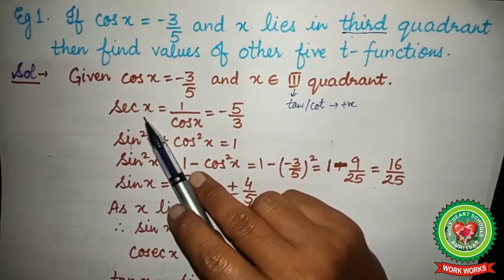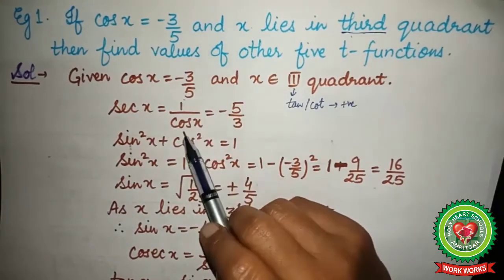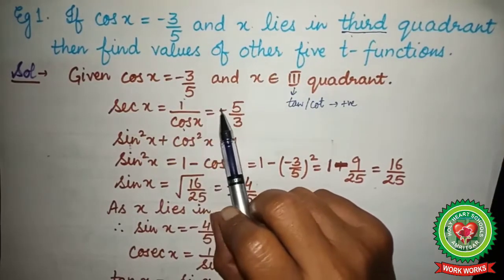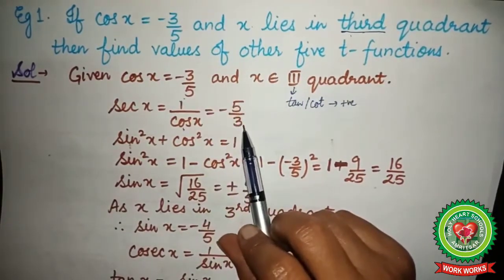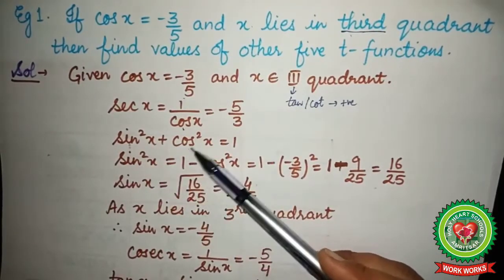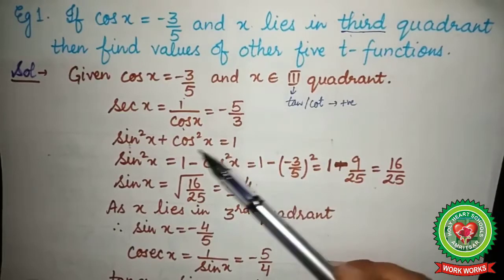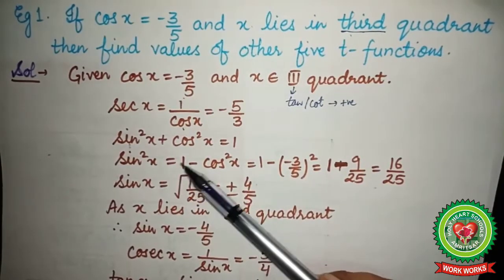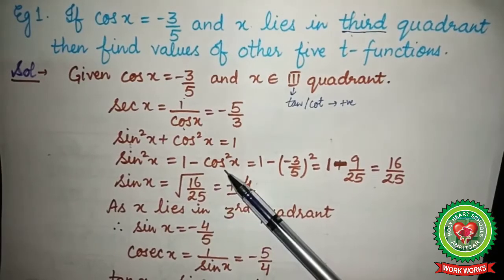Secant x can be easily calculated by just taking the reciprocal. So 1 upon cos x is equal to minus 5 upon 3. Now next we have sin square x plus cos square x is equal to 1. From here we can find the value of sin square x. It is equal to 1 minus cos square x.